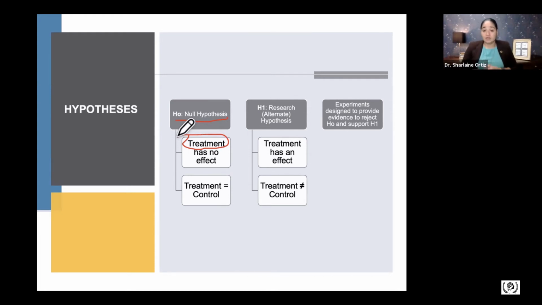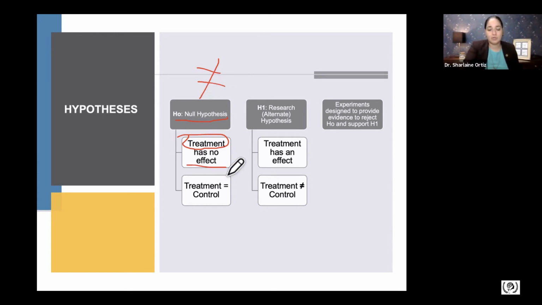So for instance, in the example that I gave you about changing the temperature, the null hypothesis would say there will be no changes on the effect of the temperature towards the students. There's simply no change in their anger, simply no change in their test scores. So that's what the null hypothesis is. So remember, a null hypothesis implies absolutely no change whatsoever.